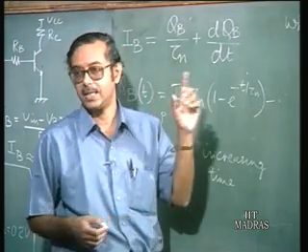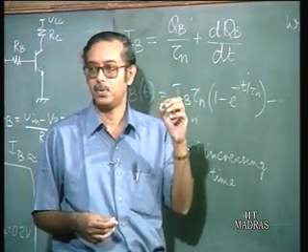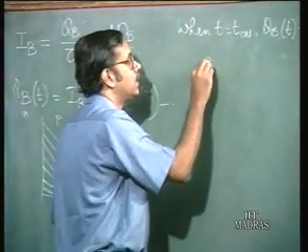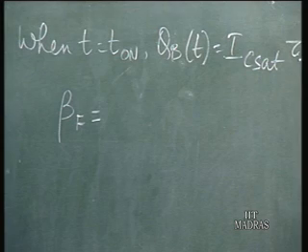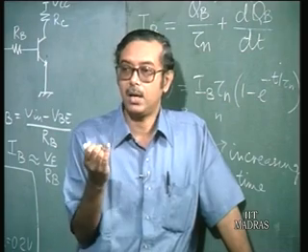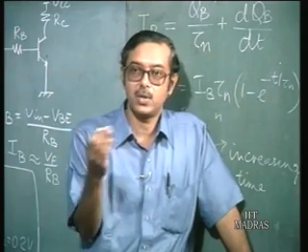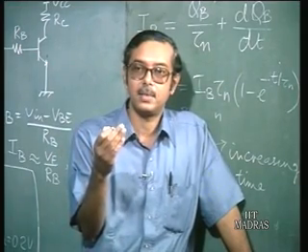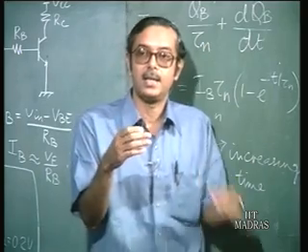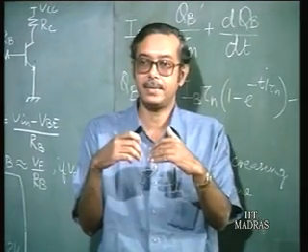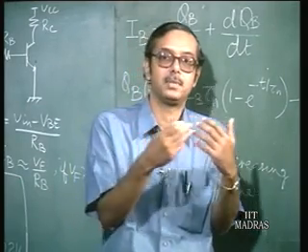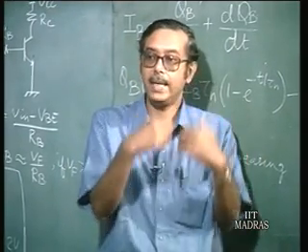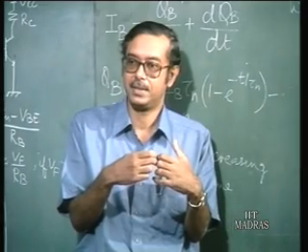There is another important relation we have to use. I hope you know this relation. The forward beta of the transistor can be related to the lifetime in the base and the transit time. Because the base current is equal to QB by tau n, and the collector current is equal to QB by tau T, isn't it?